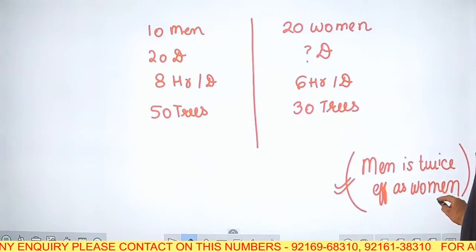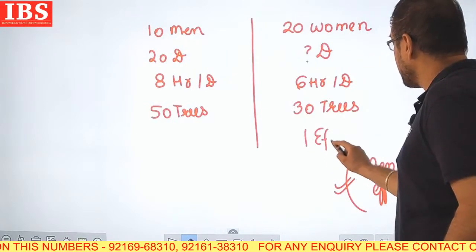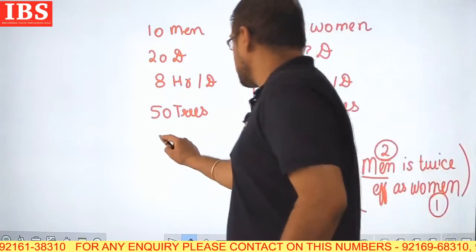That means if women have an efficiency of 1, man is twice, so man will have an efficiency of 2.